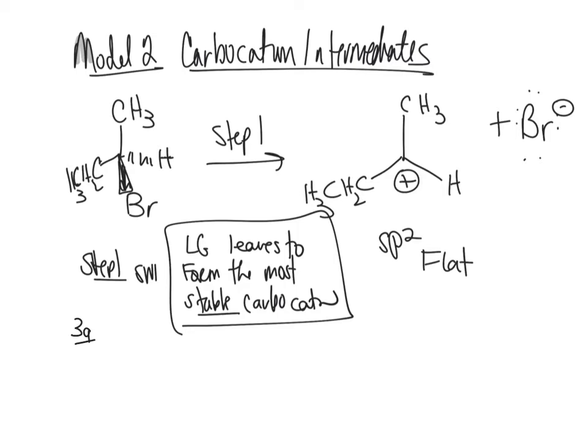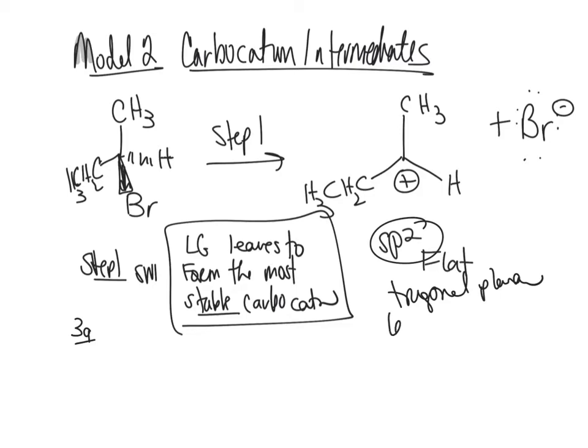What is the hybridization of the carbon with a positive charge? So did you circle sp2? What is the shape of the carbocation? Did you write trigonal planar? How many valence electrons does a carbon with a positive charge have? 1, 2, 3, 4, 5, 6.